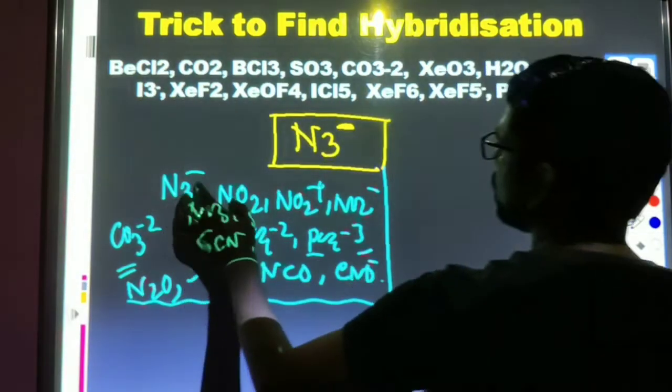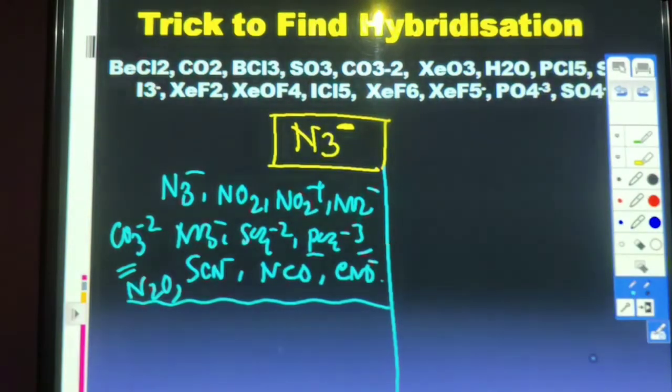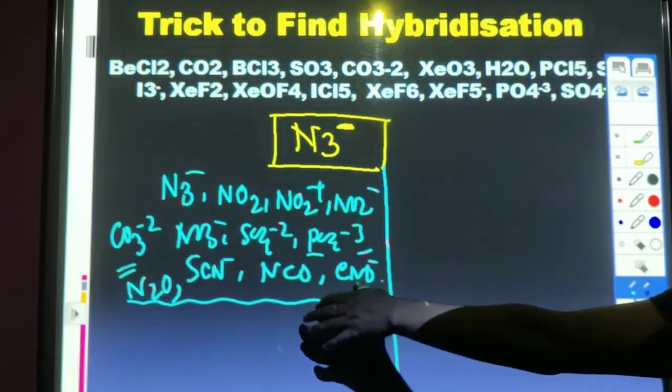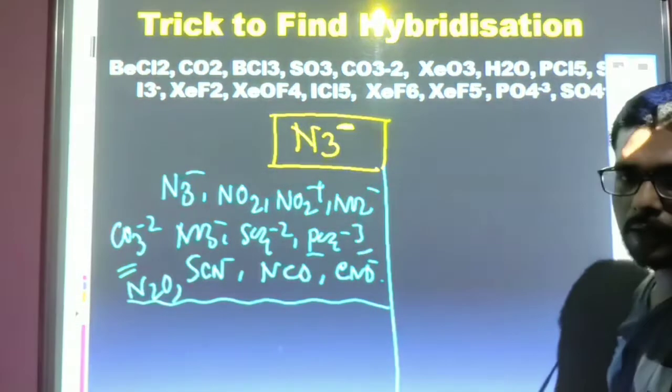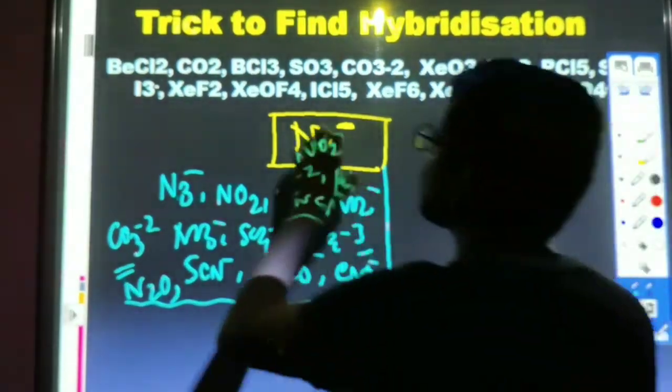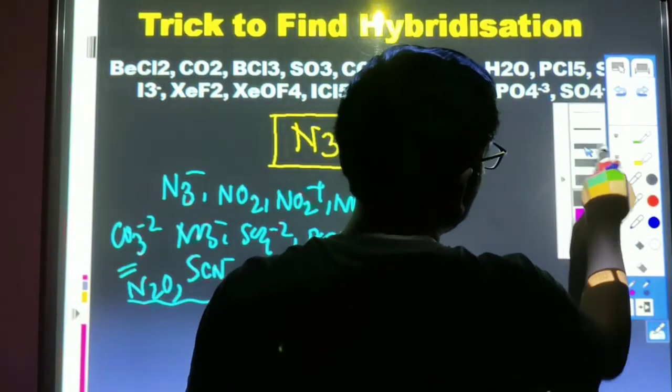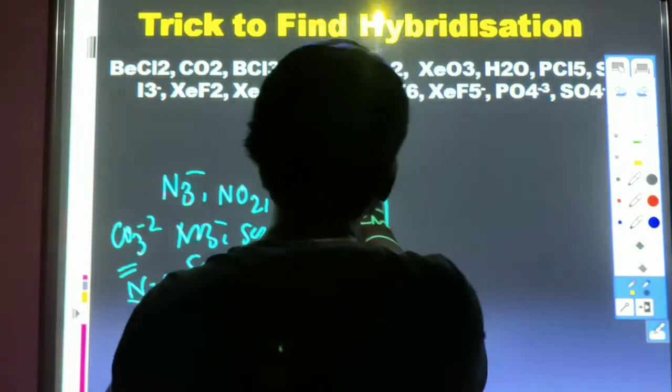I made all the Lewis structures in my video. Please go through that one. Then you will be able to do the hybridization with ease. Okay, say N3 minus. So what will we do? You just draw the structure of N3 minus.